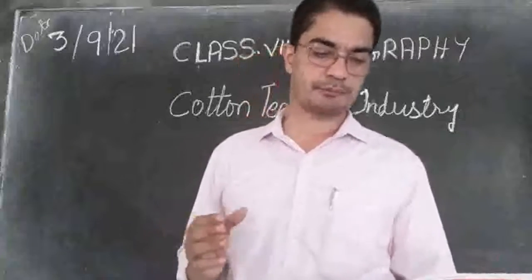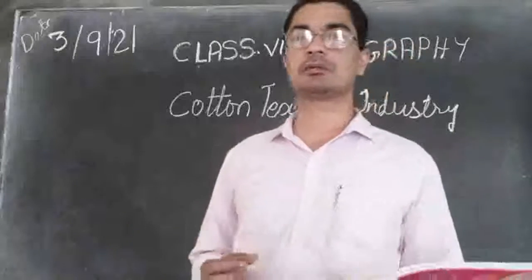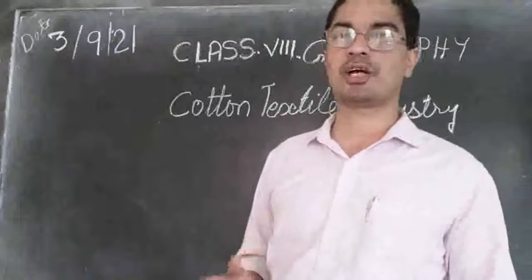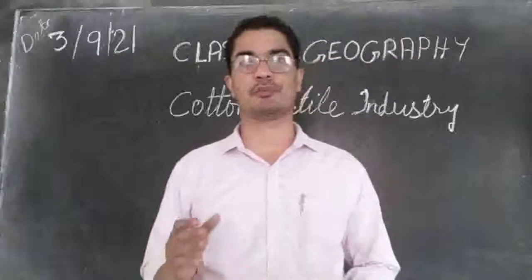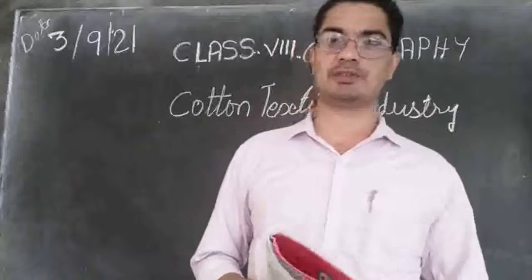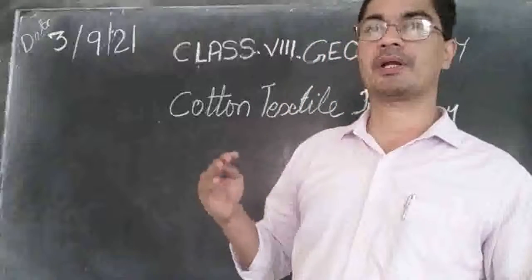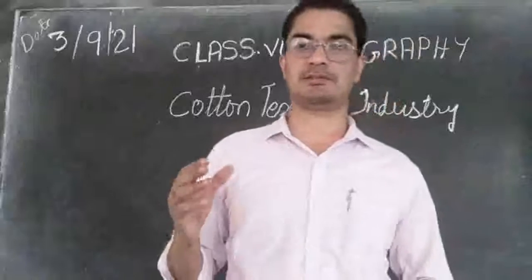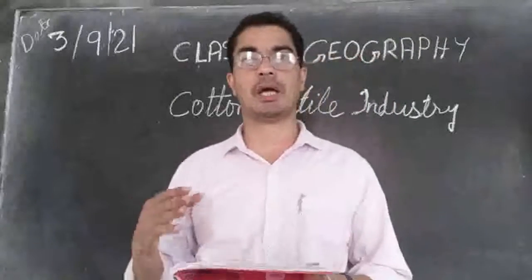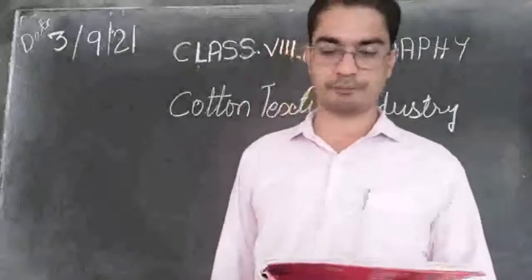For example, nylon, polyester, acrylic, and rayon, and so on. They are also used for making different types of clothes or textile items. They belong to a different category. They are not natural things. They are artificial things made by human beings. So that can be another type of industry.